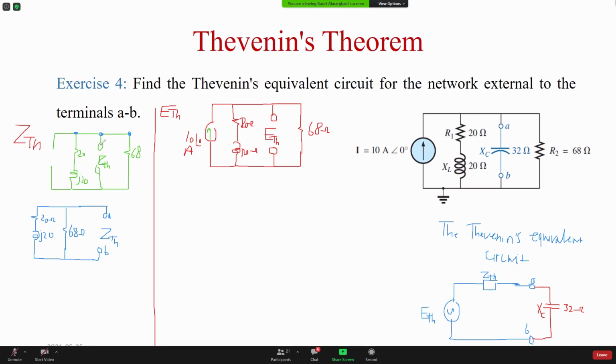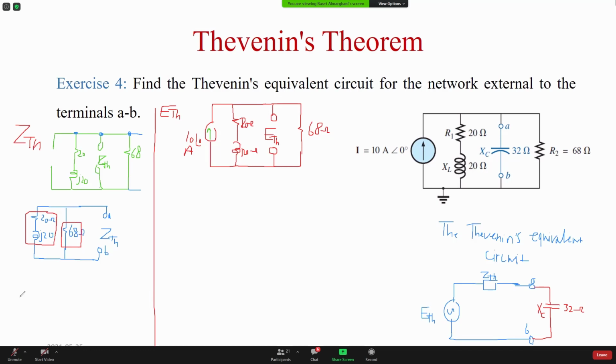I just moved these two here, which is the same point. Now these two are connected in series, so I can consider them one impedance, connected in series with this one and in parallel with this one, sorry.